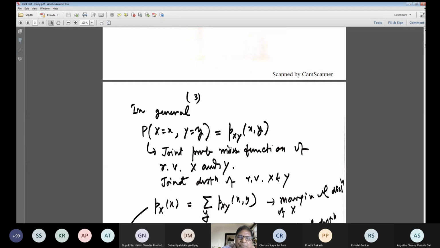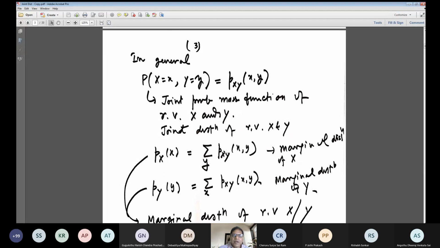So in general, mathematically, we write probability X equal to x, Y equal to y as P_XY, with capital X, Y as the subscript, and these are the values x and y. In probability theory, the subscript plays an important role in the sense that it identifies the random variable under consideration.